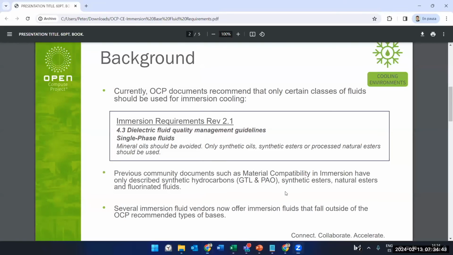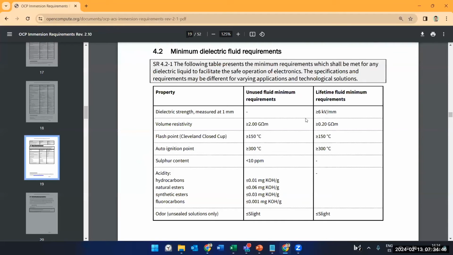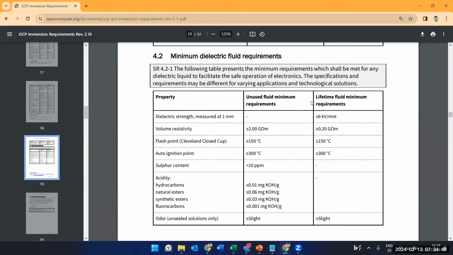And I just wanted to quickly share something from the requirements document right now. At the moment in the immersion requirements document, in section 4.2, we have the minimum dielectric fluid requirements. I think the challenge we face, if we were to purely stick to these requirements, is that there are a lot of fluids that would meet them, but would, I'm almost positive, not be appropriate immersion cooling fluids.